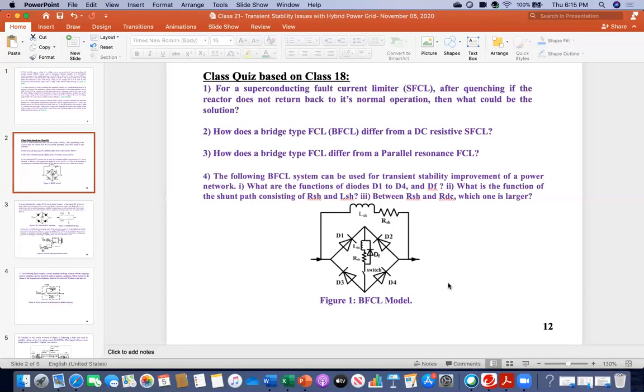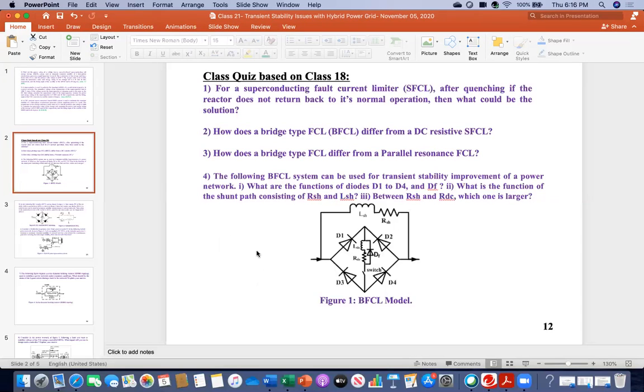And then can you specifically tell about the role of, for example, D1 or D4 or D2 or D3, because the AC is coming and that system is rectifying. That's right, 100% right. So then AC is coming. AC has a positive peak and a negative peak, right?